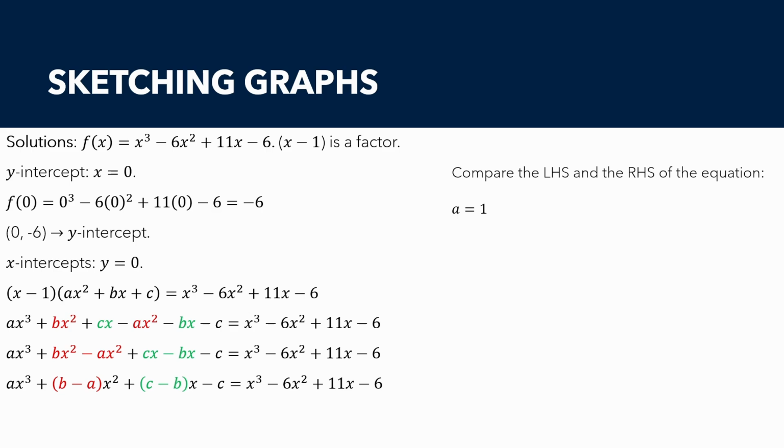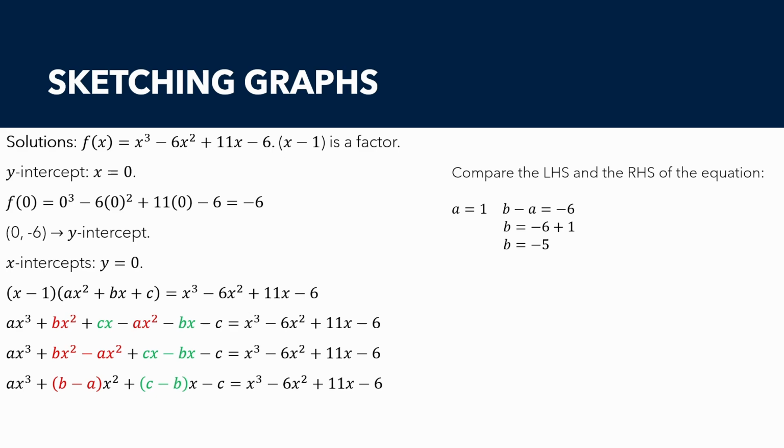B minus a should equal whatever has an exponent of x squared, because b minus a also has x squared. Hence b minus a should equal negative 6, as I've written down now. I already know that a is equal to 1, and hence b is equal to negative 6 plus 1, solving for b, and hence b is equal to negative 5.